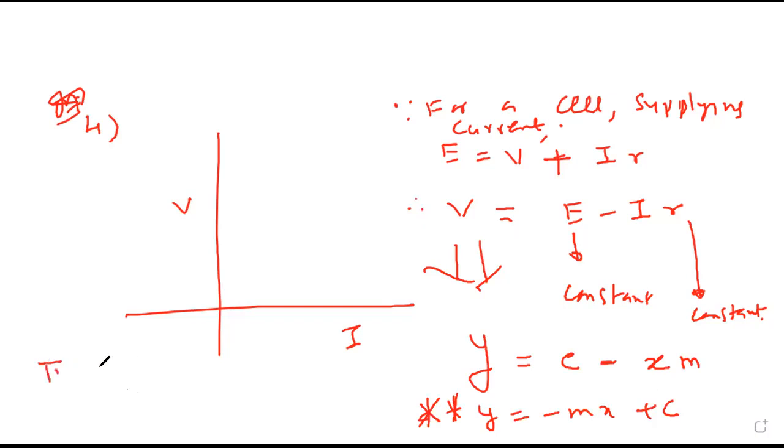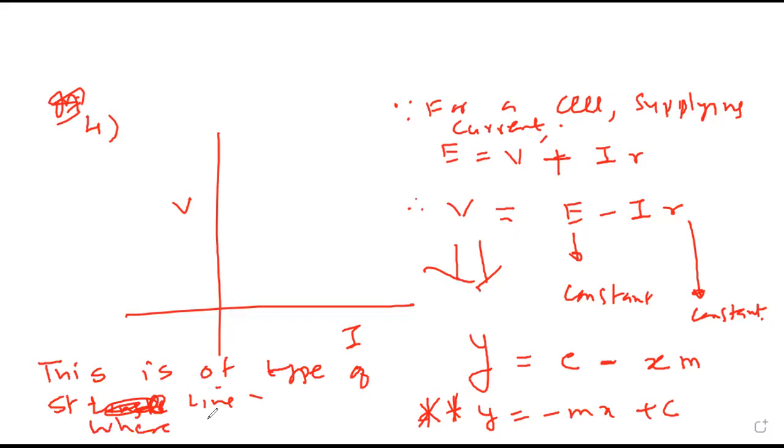Have you seen? So this is of the type of straight line, where slope is negative, that is minus m.